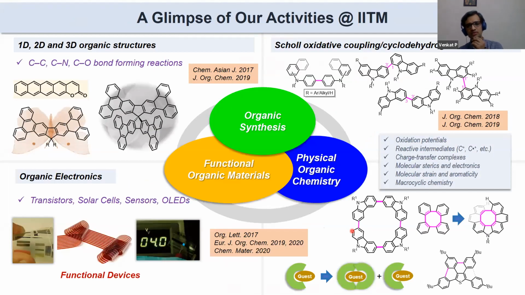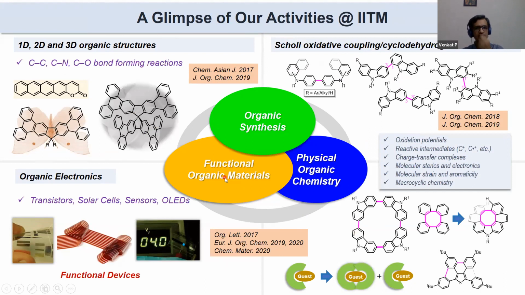This slide gives a very brief introduction about our activities at IITM. We are basically organic chemists. What we do is we take the expertise from organic synthesis and use the knowledge from the physical aspects of organic chemistry to build functional organic materials.